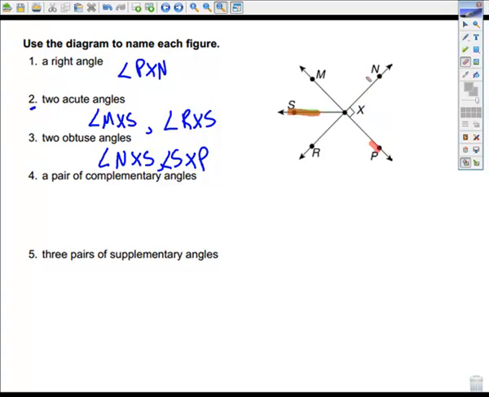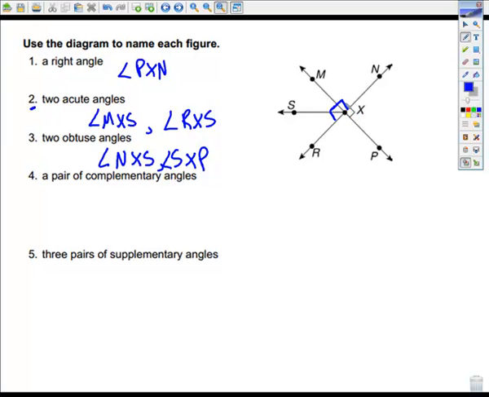Now we want a pair of complementary angles. Remember, complementary angles are two angles that add to 90. And I can see here that this is forming 90 degrees. And the way that I know that really is that NXP and MXN form a straight angle. So these are both 90.